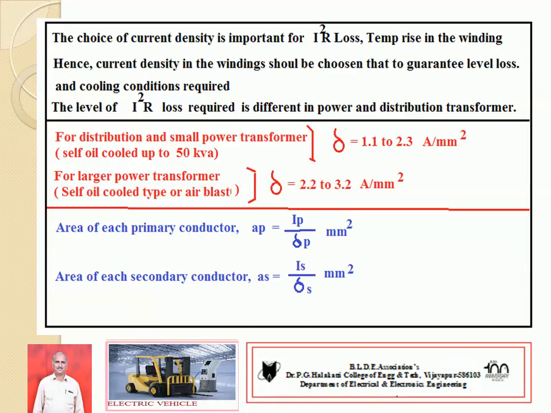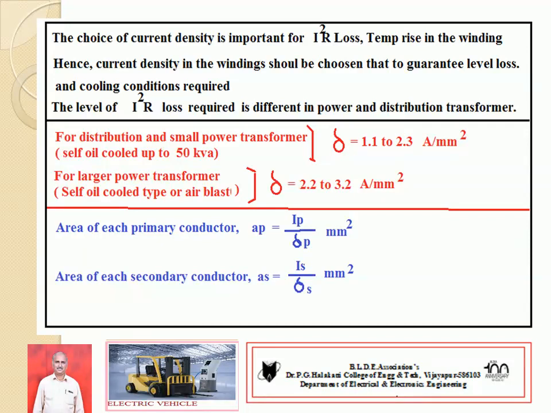under safe limit. For this purpose, in general, for distribution type transformers up to 50 kVA, self oil cooled type cooling is used, so the permissible value of current density is 1.1 to 2.3 amperes per millimeter square.